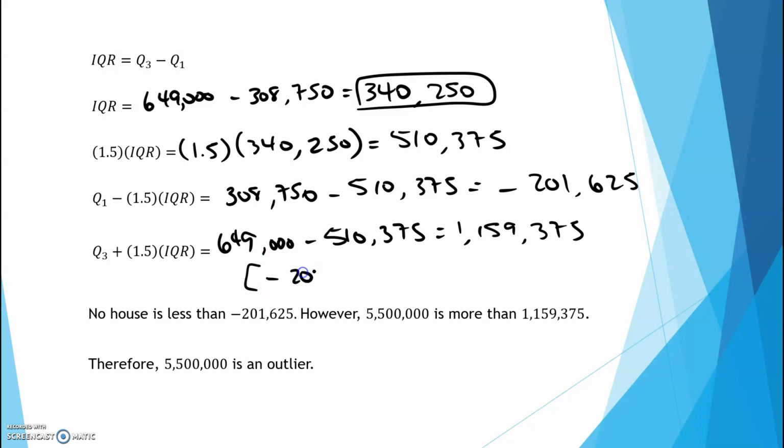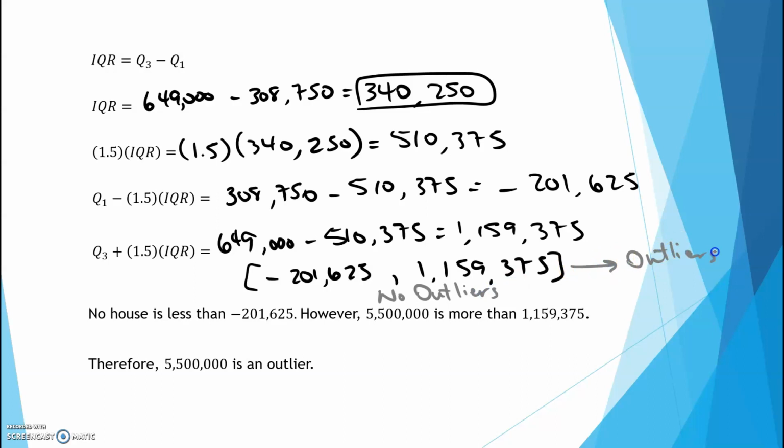If we have a range between negative 201,625 and 1,159,375, any numbers within this range, no outliers. But if you go outside that range, that's when you have outliers on either side.